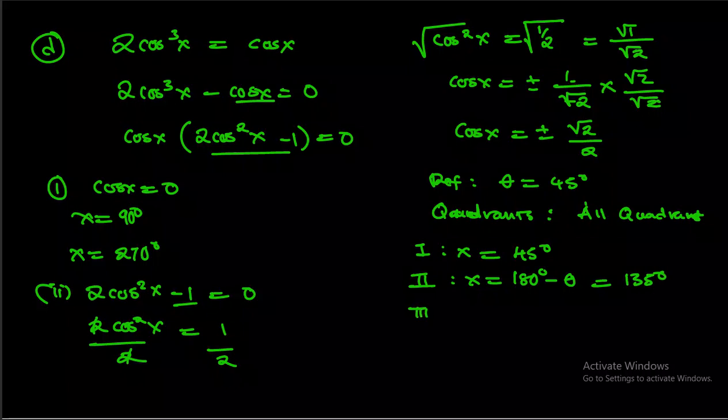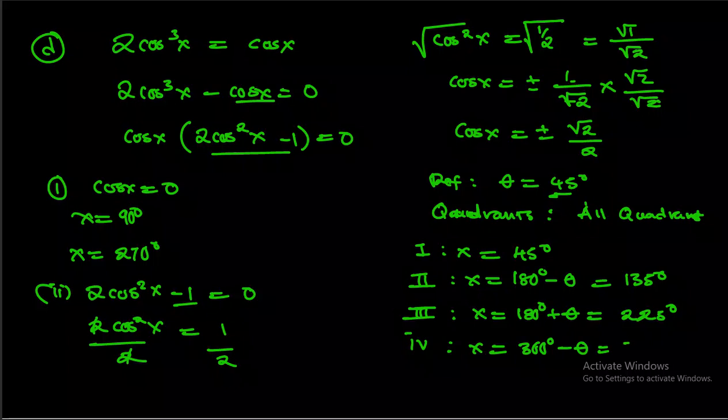So in the third quadrant, what do we have? In the third quadrant, that is for tan, we have 180 plus theta. So it's 180 plus 45. You are going to have 225 degrees. So in the fourth quadrant, what is the value of x? It is 360 minus the reference angle. So 360 minus 45, you get 315 degrees.